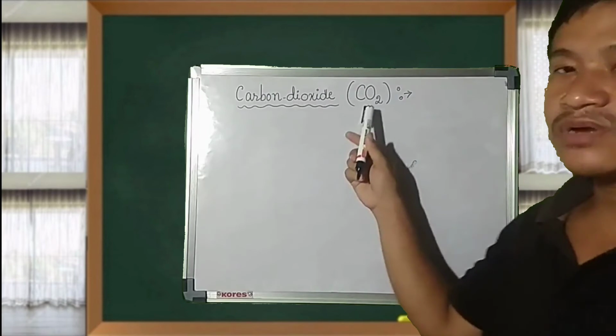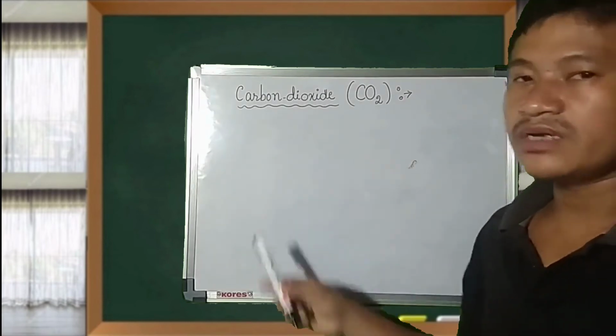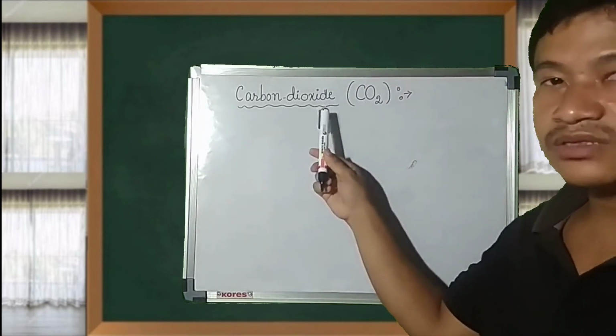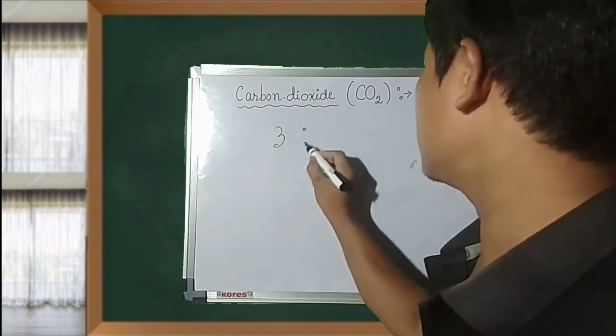In the compound carbon dioxide, the ratio of the mass of carbon to the mass of oxygen is 3:8.